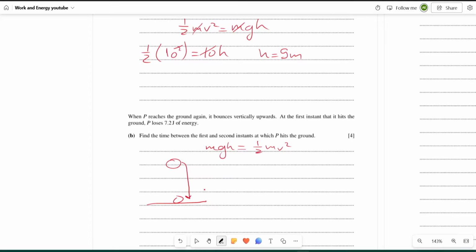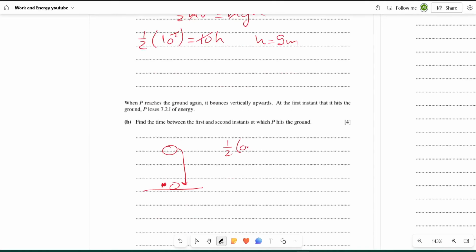Okay, so its kinetic energy at this position, when it's down at this position over here, is half times mass, which is 0.4, half m, times the speed squared, right? This is the kinetic energy. After the impact, it lost 7.2 joules. So this kinetic energy after the impact is going to lose 7.2 joules.